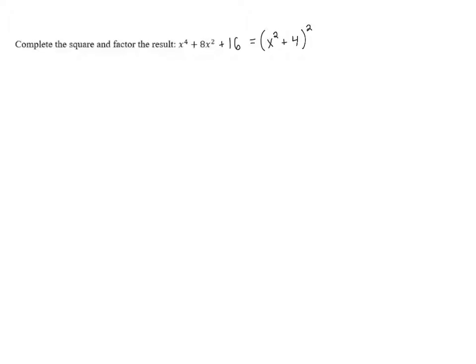Now, this one is a little bit different from the rest, so if we want to, we can check it by multiplying. x squared plus 4 squared is x squared plus 4 times x squared plus 4. And we can FOIL this out.